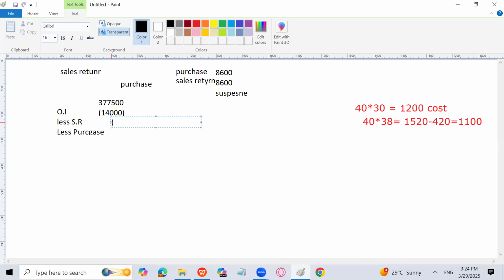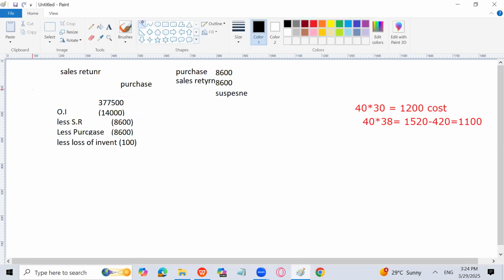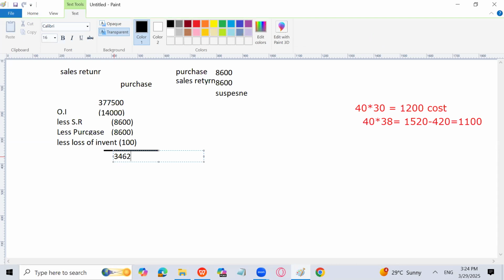Then I have to subtract the loss of inventory, 100. And then I will find the corrected gross profit, revised gross profit, 346,200. So we are done with this part of the question.